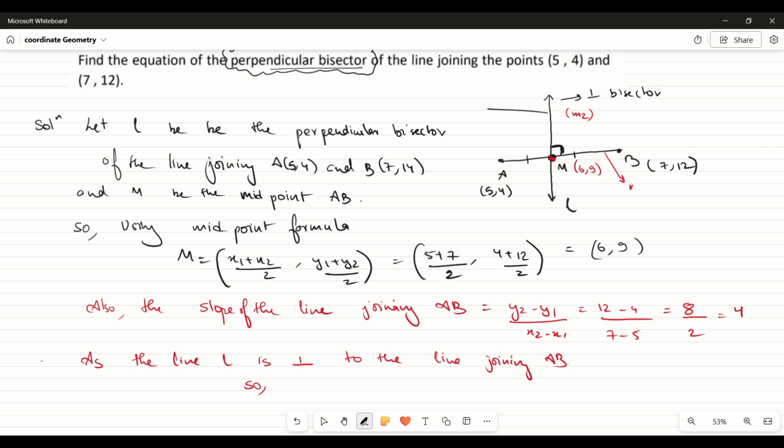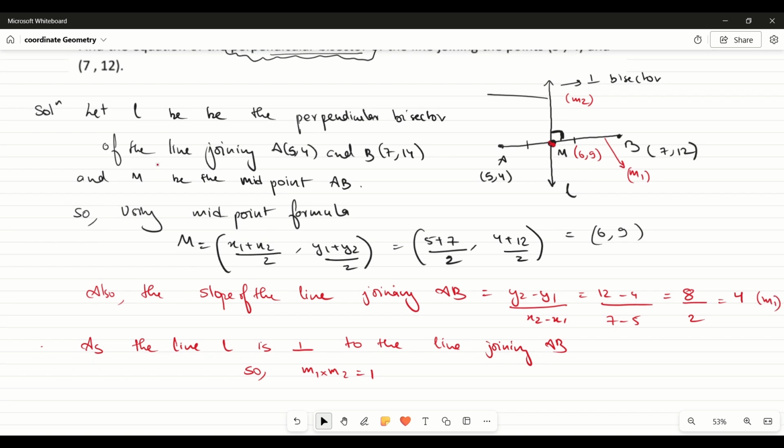So if we consider the slope of the bisector as m2 and the slope of AB is m1, can we write m1 times m2 equals -1? Let's say this is m1.